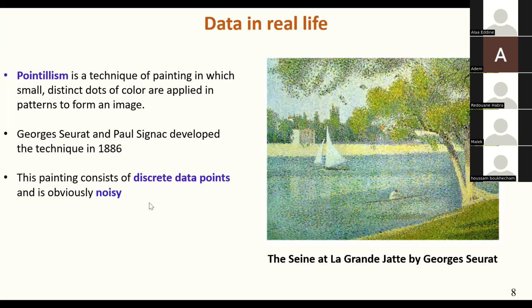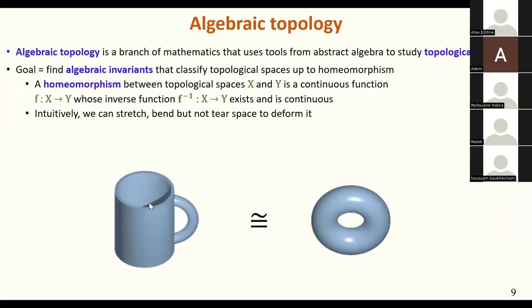To do this, we have to do some algebraic topology. Basically, topological data analysis is a branch of algebraic topology that is used to study topological spaces, and the goal is to find algebraic invariants to classify topological spaces up to homeomorphism. A homeomorphism between two topological spaces is a continuous function whose inverse exists and is also continuous.